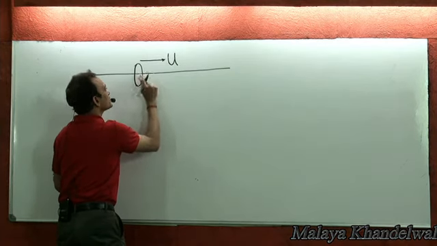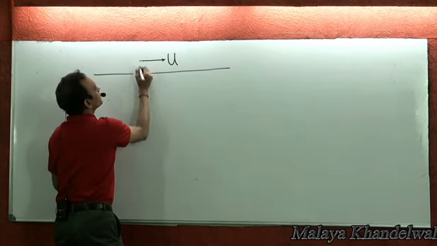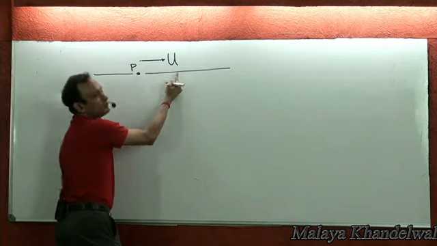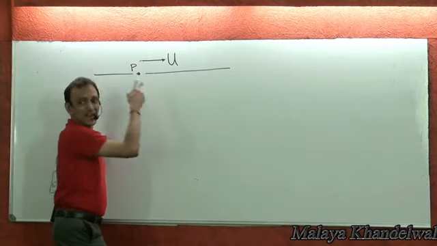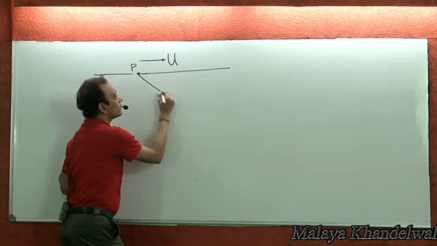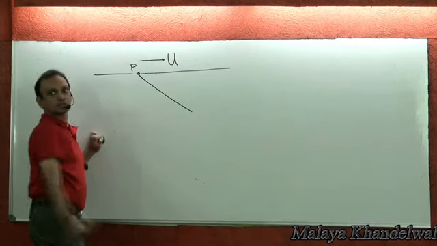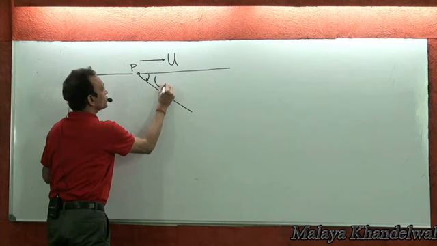Essentially, this is almost like a point. So you could imagine this to be a point P moving to the right with a velocity u. Almost like a ring which can slide along a groove. Then there is a string like this, inclined at an angle theta.